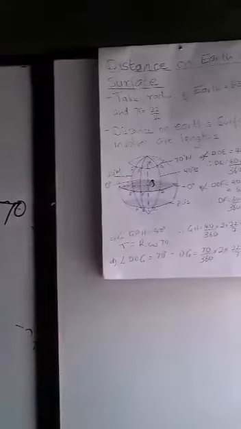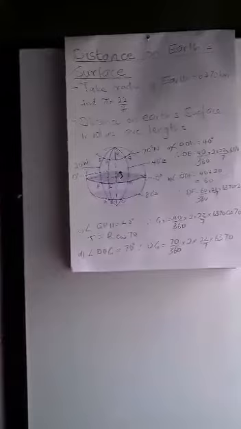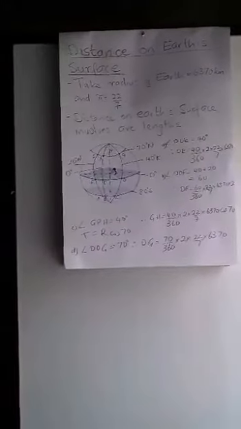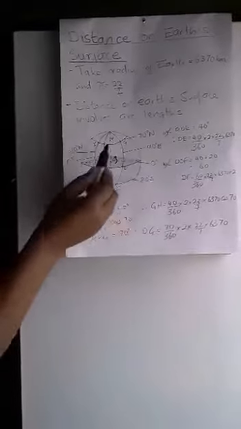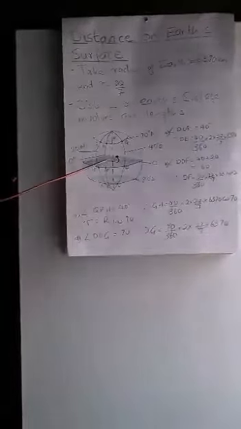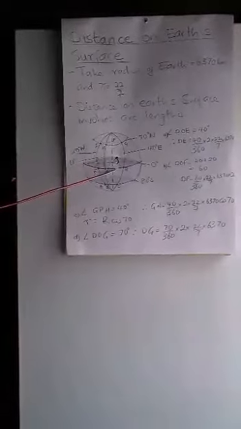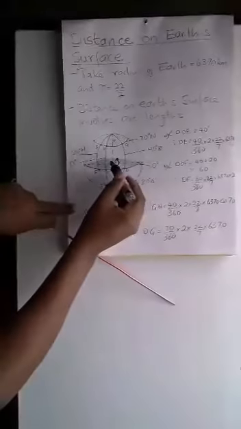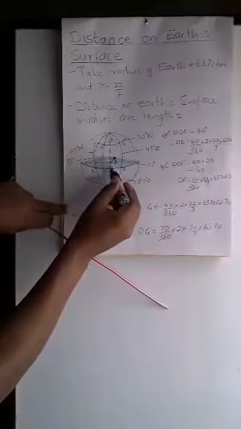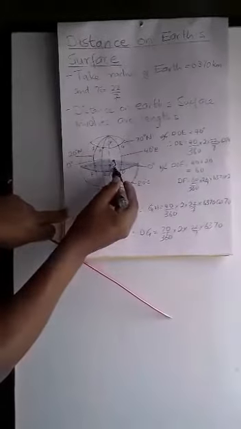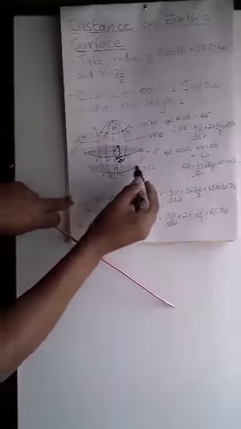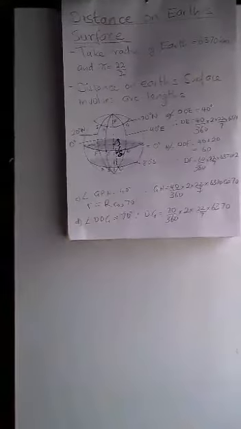Let's look at arc length GC. Arc length GC subtends an angle of all the way from here to here. It is this angle here up to C. Maybe I should draw another radius there. So this angle is 70 and this one is 80 because it lies on the 80 latitude.